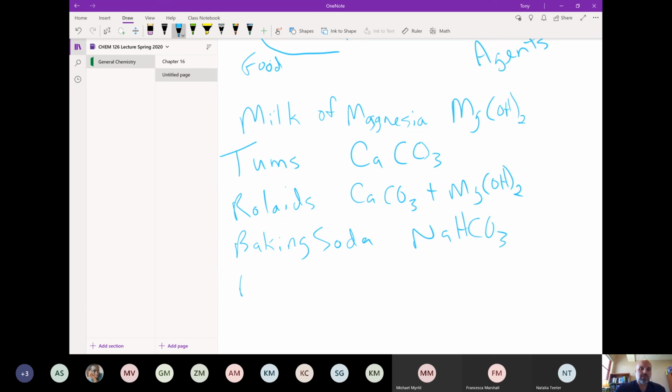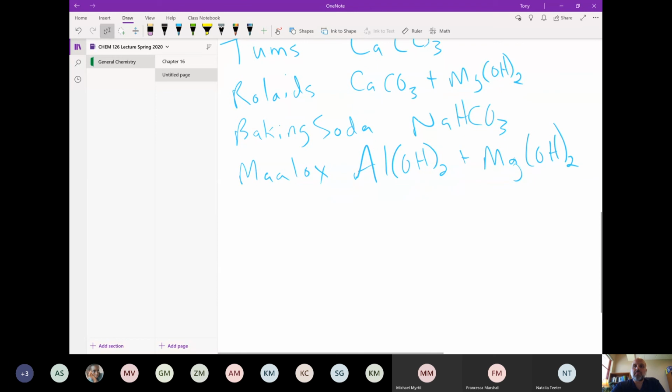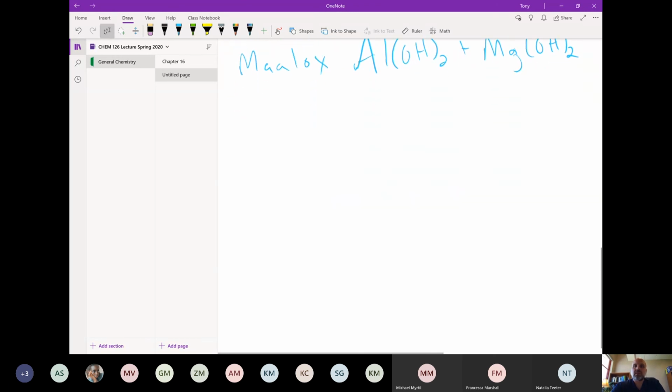And last is Maalox, which is actually a combination of both aluminum hydroxide and magnesium hydroxide. So you can see the variety of different substances we can use that are bases that can neutralize and react with the acids in our stomach.